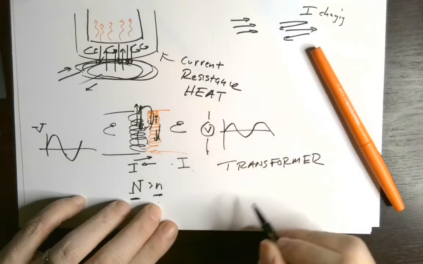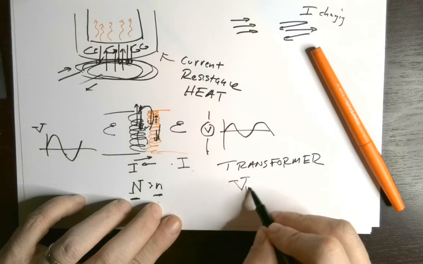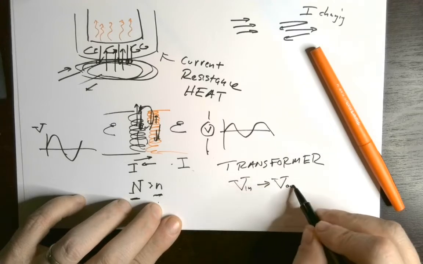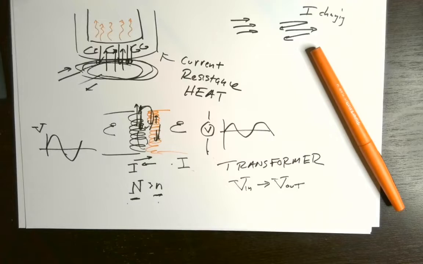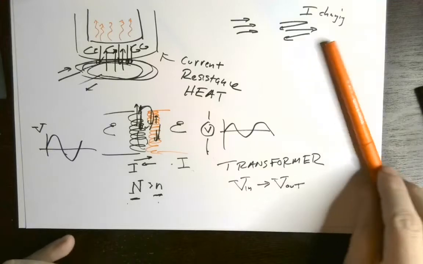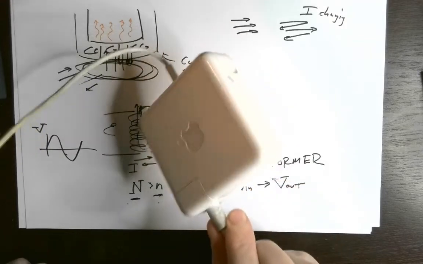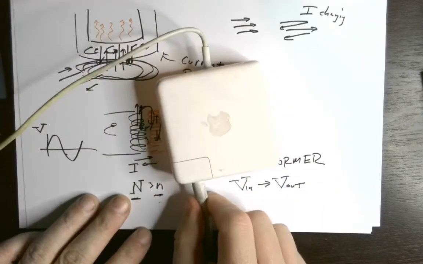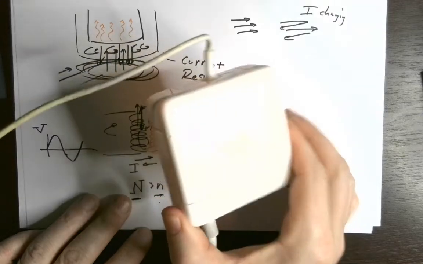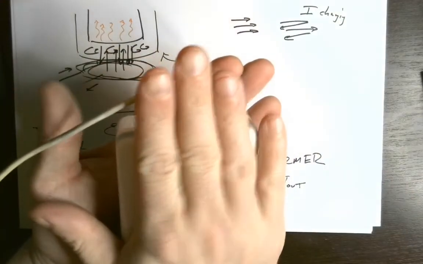A transformer is able to change the voltage in into some different voltage out, and the way this is typically performed in an AC current is by using magnetic fields in the process of induction. The reason most electronic devices that you'll find in your house, if they're small, still have some kind of large device that lives outside of the appliance is because this device has a transformer in it.